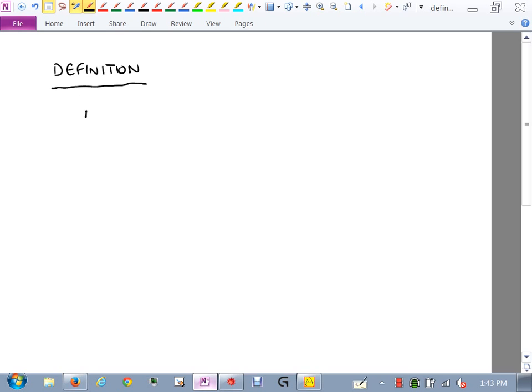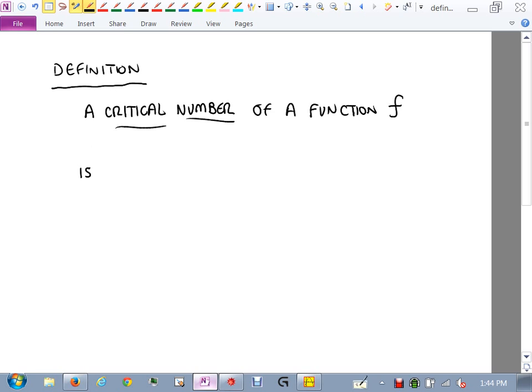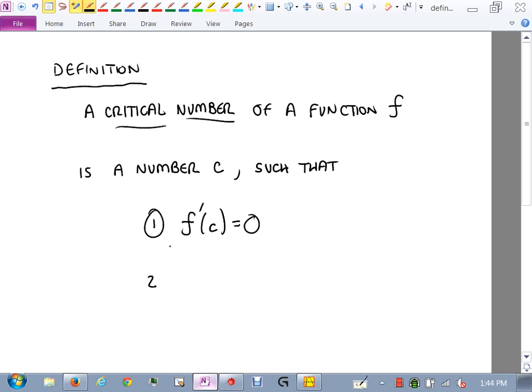A critical number of a function f is a number C such that one, f prime of C equals 0, or two, f prime of C does not exist.